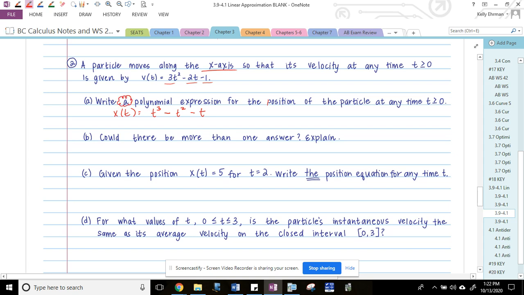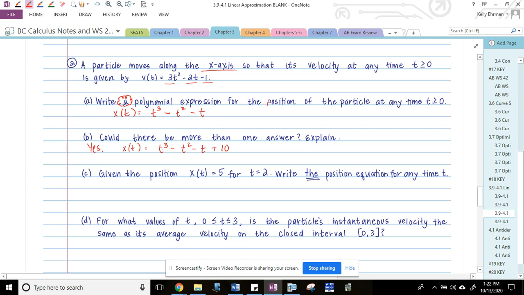This says write a polynomial expression for the position of the particle at any time t greater than or equal to 0. So this is a possibility. Could there be more than one answer? Explain. Yes. What if I would have done this? Same first three terms. What if I put a plus 10 on the end?